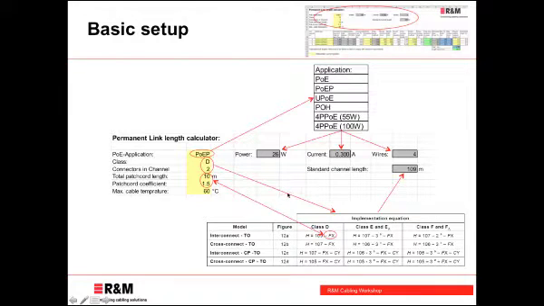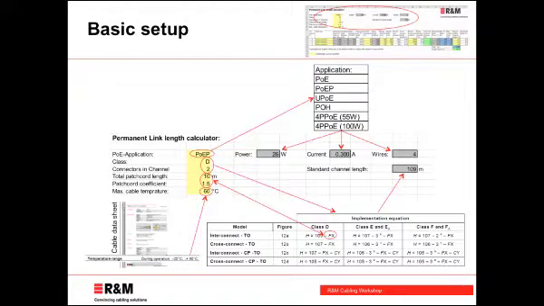As a next step, you have to define the patch cord lengths and the coefficient for the patch cords as well. So this is the factor in this calculation, or in the table itself, that is used to deduct the already used up flexible cable length from the theoretical link length.